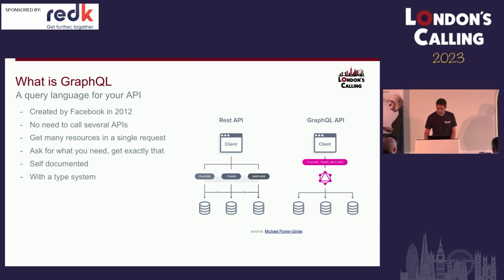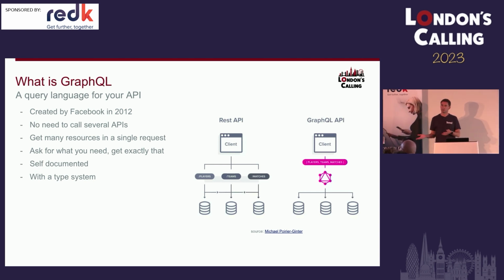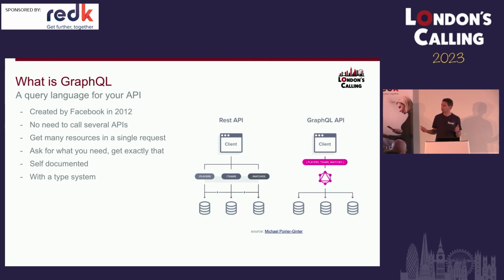So what is GraphQL? It was created by Facebook more than 10 years back. The idea behind GraphQL is that today, when you want to access some data, we'll talk about Salesforce of course, you have existing APIs that you can use to get information about your account, your contacts, or whatever other information you need.